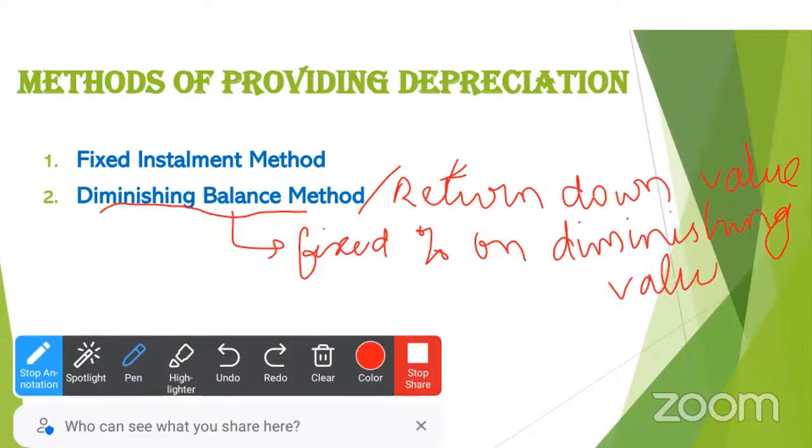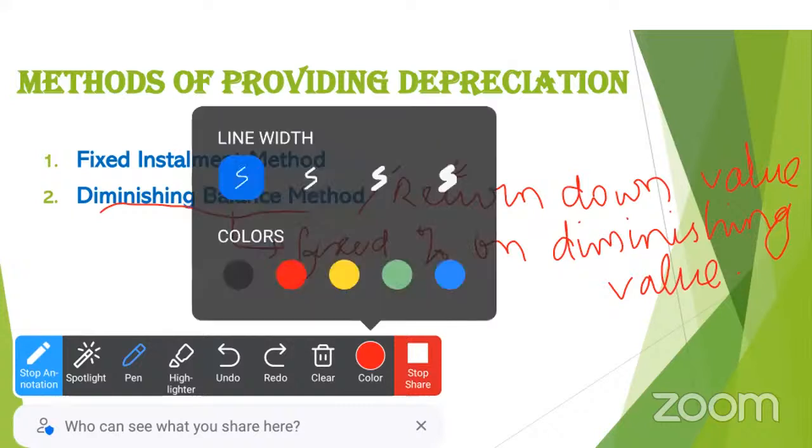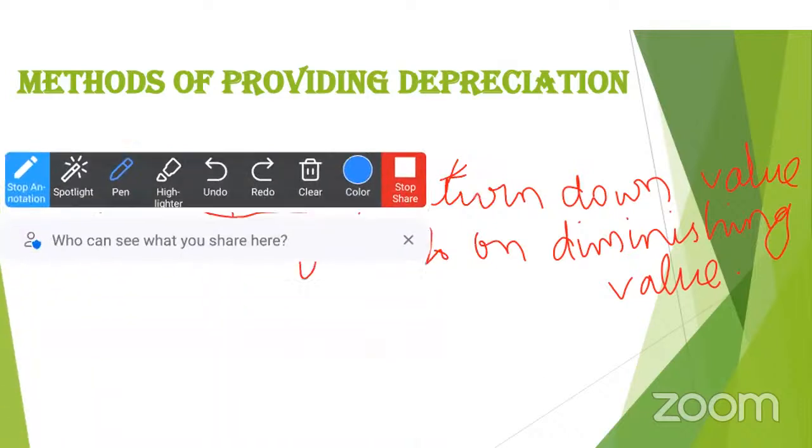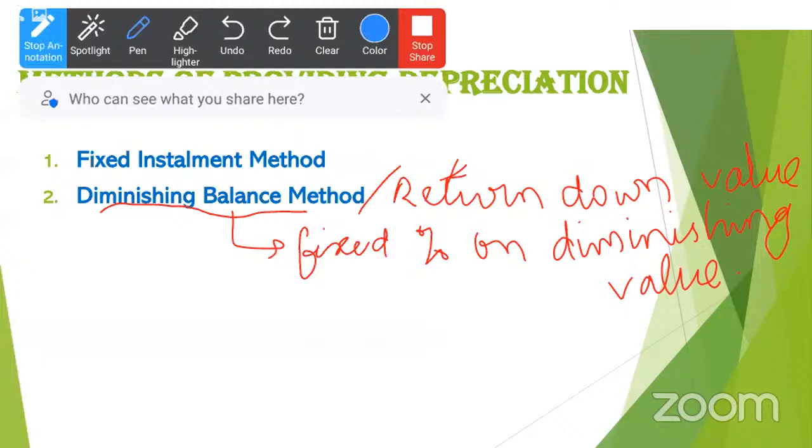Depreciation is provided at a fixed percentage on the cost of asset in the first year. In the first year the amount of depreciation will be the same in the straight line method and written down value method also. In the subsequent years we will calculate on the written down value only.